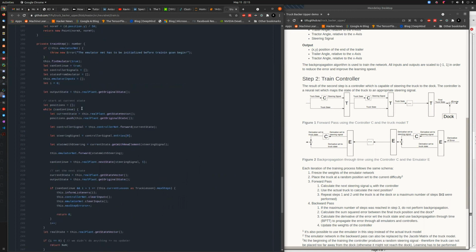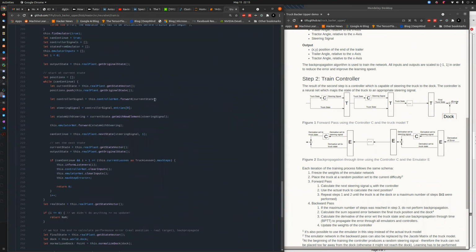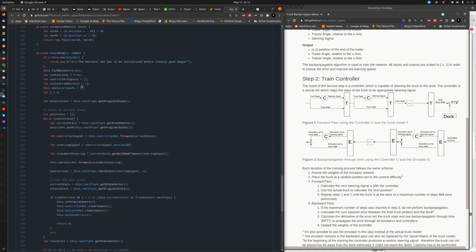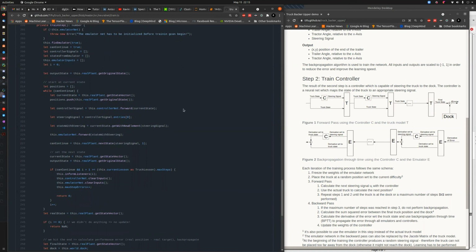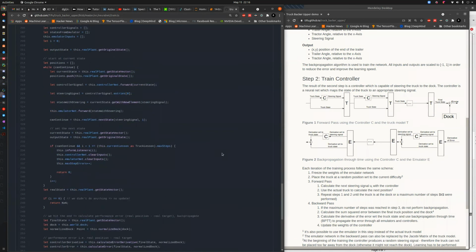We just initialize those states, and then we use them through the controller to give the signal to our truck.